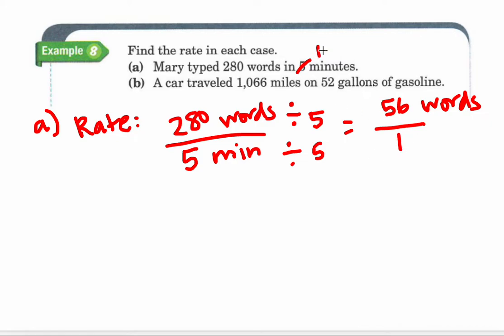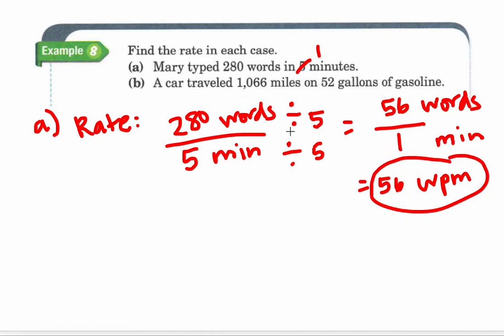Remember, we want it to be per 1 minute, so we can figure out the rate, because rate is per 1 unit. And then we didn't touch the minutes. So this final answer is 56 over 1 words per minute, or 56 words per minute, WPM. And that's our answer for Mary's rate.